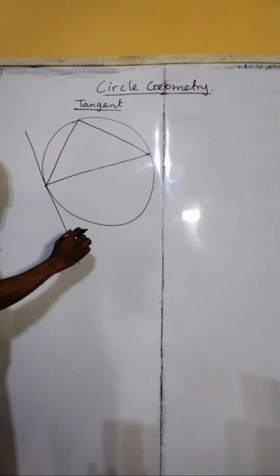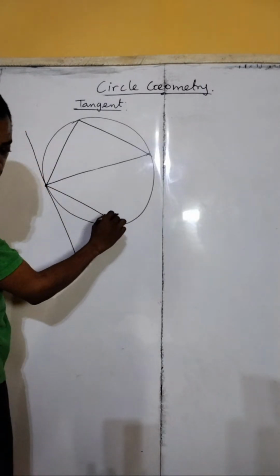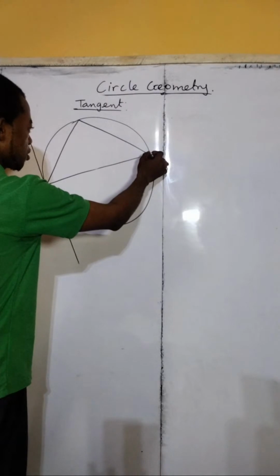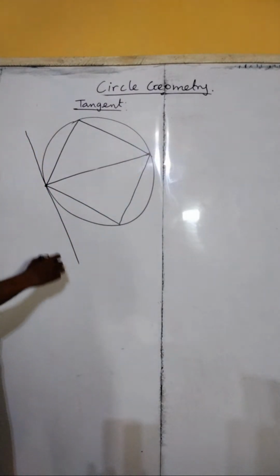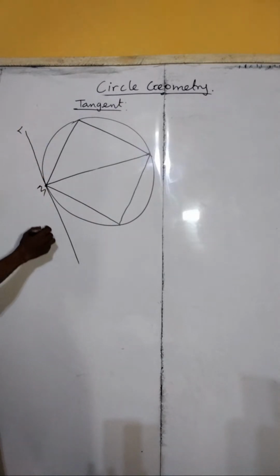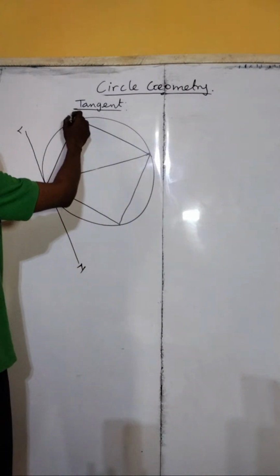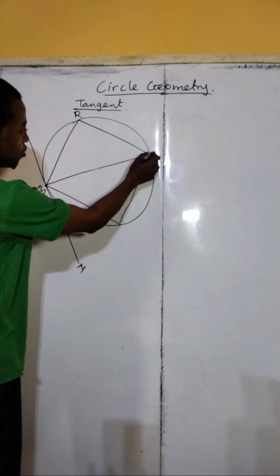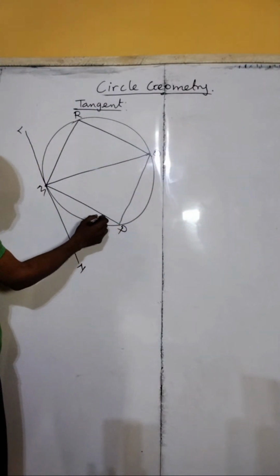And we have another one here, joined together with this here. That is, this is labeled as L, M, N, and this is R, this is Q, this is P.